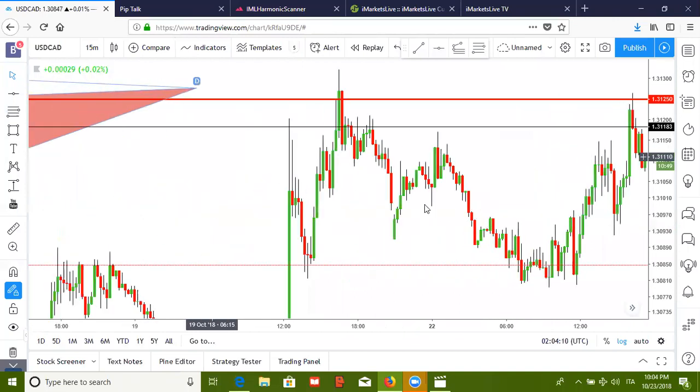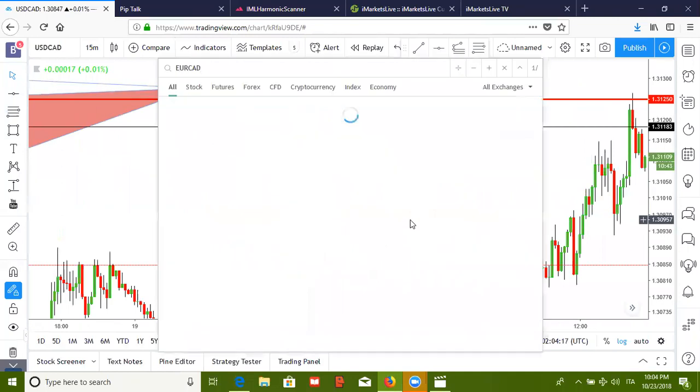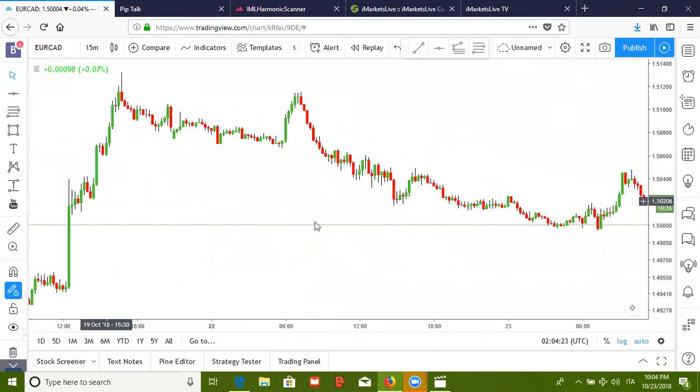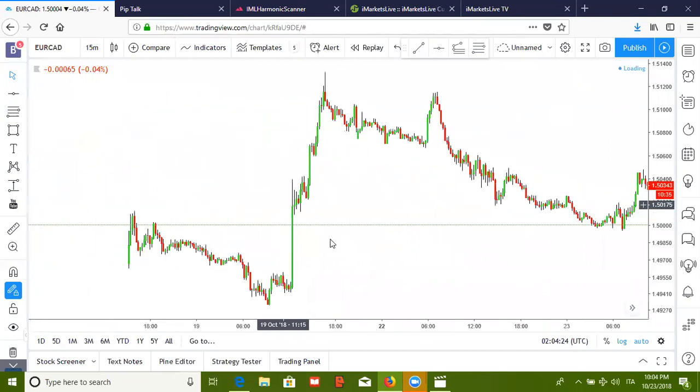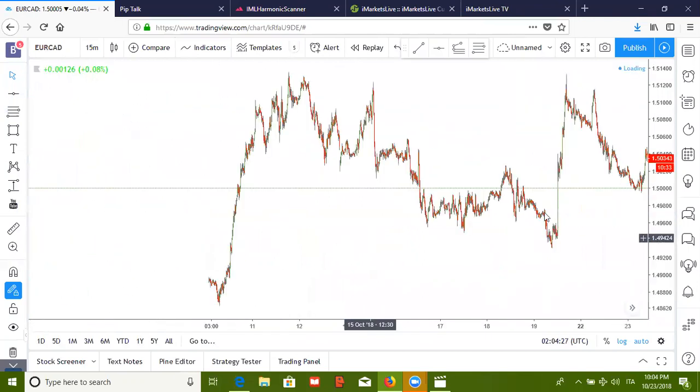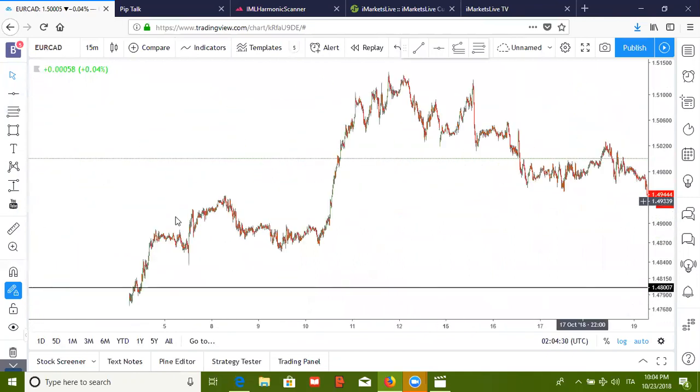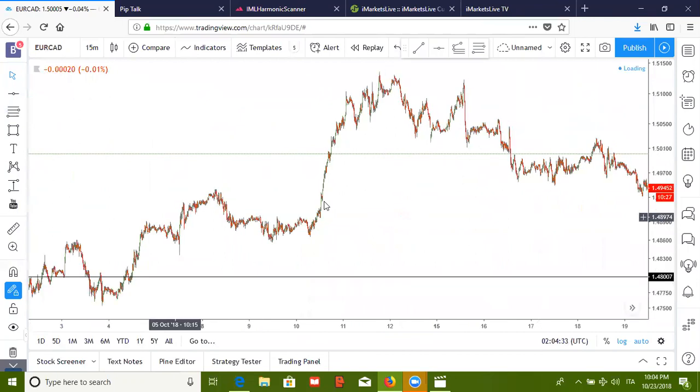Let me go to a different pair. I don't want to mess anything up on this one. Let me go to Euro CAD and see what we can find on here. So this is what I mean by going back in history. You need some type of data in order to gather evidence when trading. But look at this, let me just go all the way back.